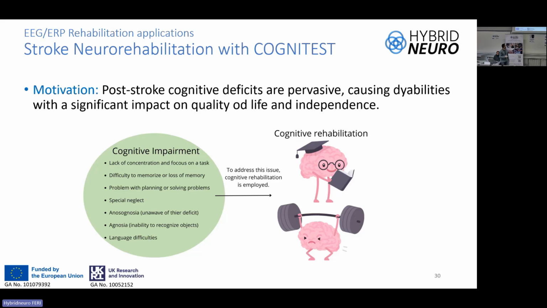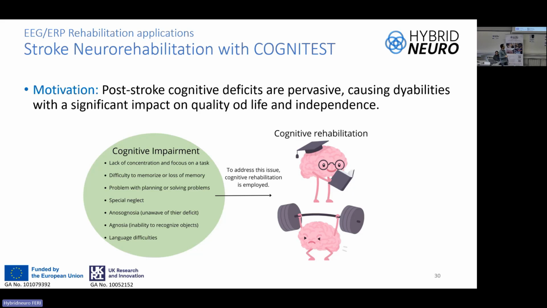The first one is the stroke. Well, as Hattie said this morning, it's a pervasive disability that causes a great impact on the quality of life and the independence of the patients.